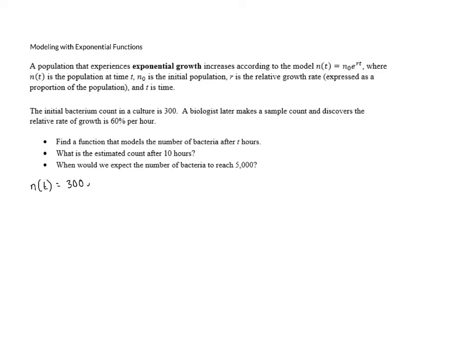So we have e to the r, and here the relative growth rate is 60%, so that's 0.6, and then times t, and in this case t is measured in hours because the relative growth rate was per hour. So this is a function that models the number of bacteria that we can expect after t hours. So this is the answer to the first question in this problem.